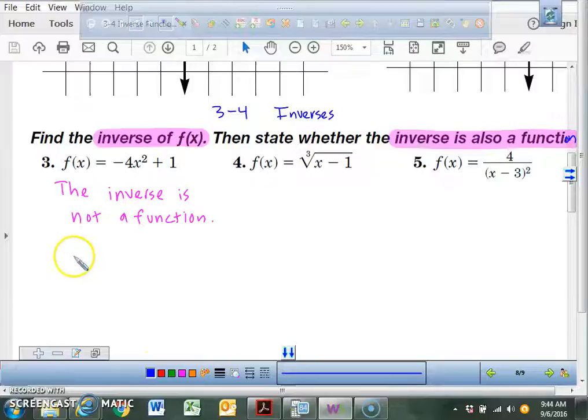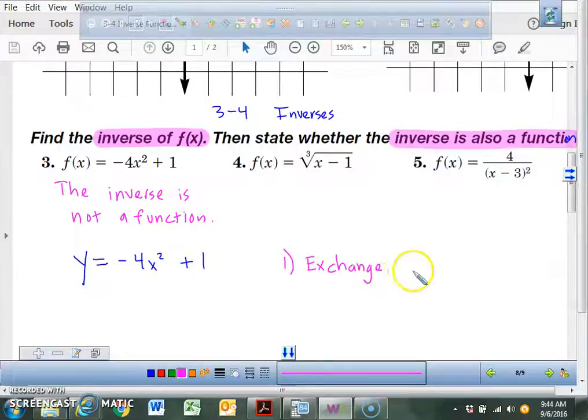So our original function is f of x, and I'm just writing y equals -4x squared plus 1. Right now this is in function notation, so I'm just changing it to y equals. Whenever you're trying to find an inverse, here's the very first step: exchange the x and the y variables.